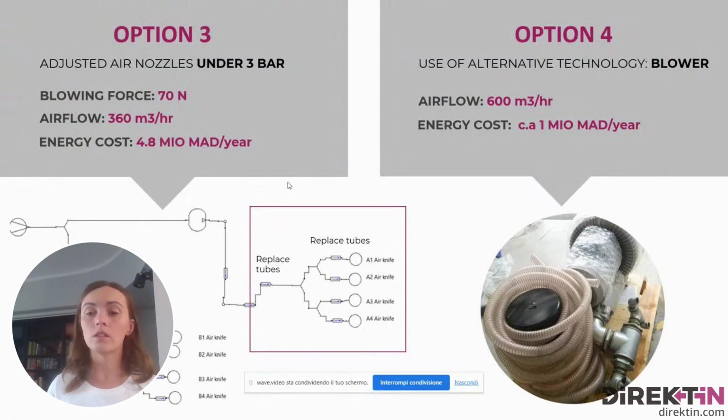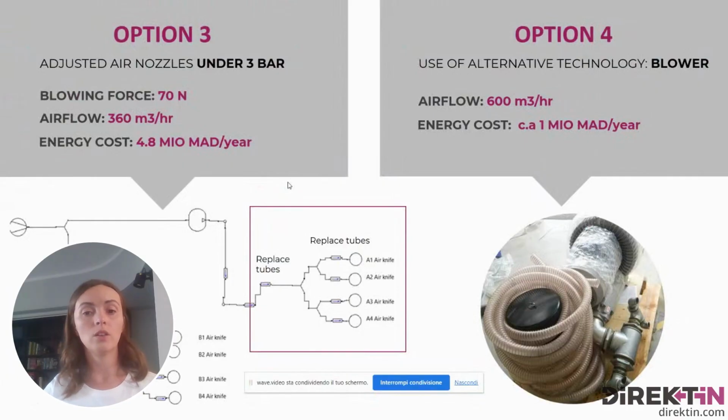However, there is always another solution. Here you see that there is a quite long distribution line with small pipes leading to the nozzles. So it's a complex and long compressed air system. If the process engineer agreed that a higher airflow is required but the pressure can be reduced, it is always possible to use a blower.